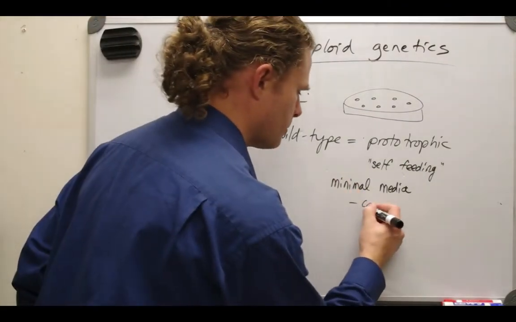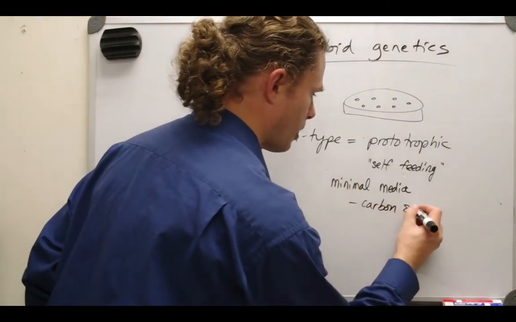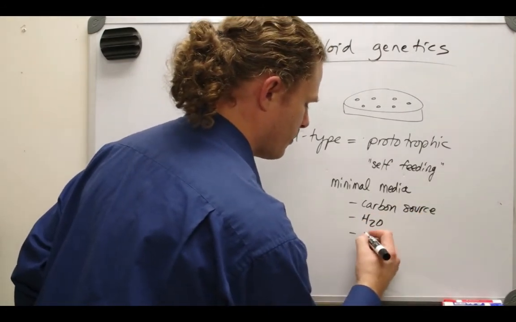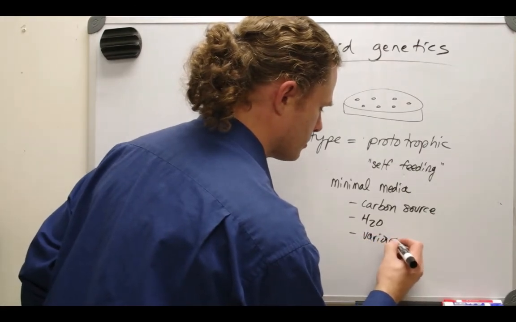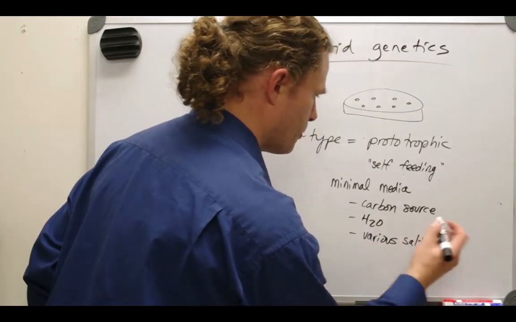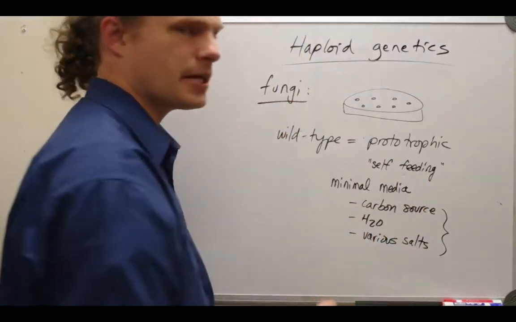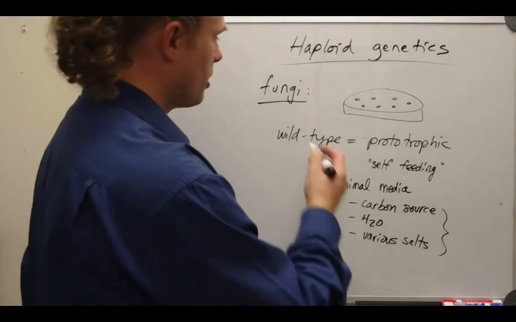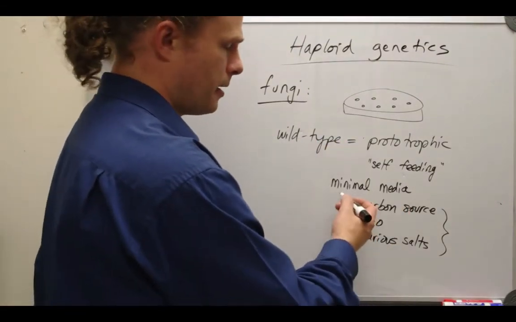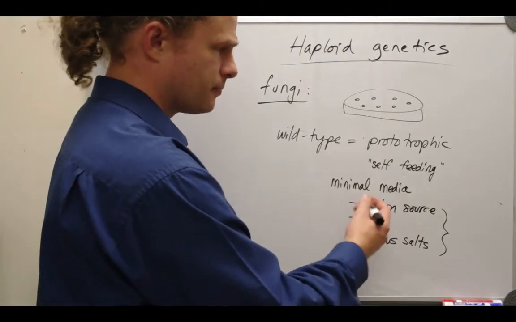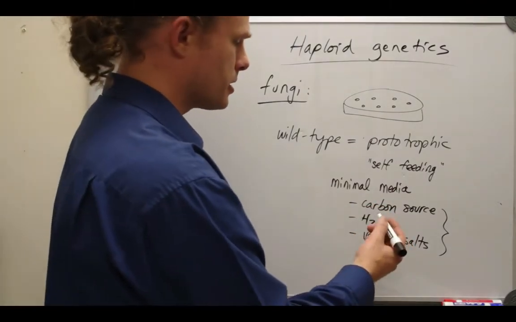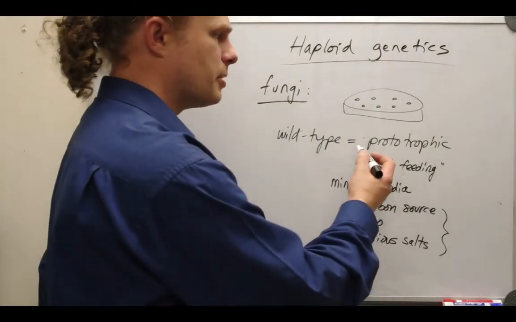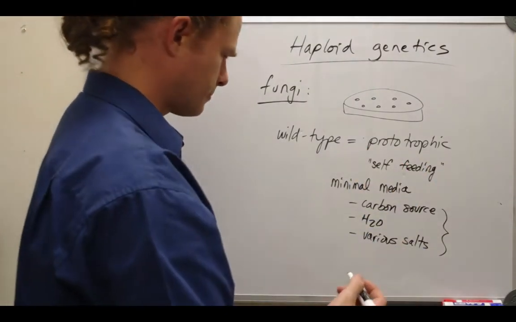Typically this would be a carbon source, some water, and various inorganic salts. With this as a minimal set of ingredients for the medium that you would pour into a petri dish, a wild-type fungus is able to grow. It can use this carbon source to generate all of the carbon-containing molecules it needs. It has water, it has the various inorganic salts that it needs. So it will be said to be prototrophic or self-feeding.